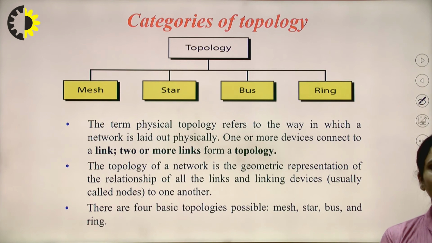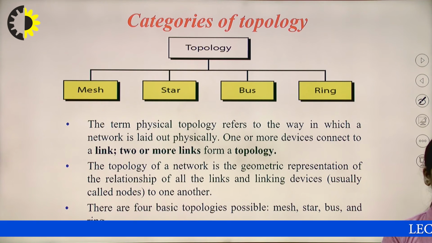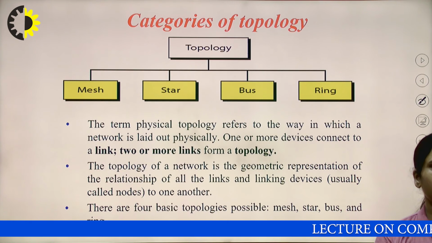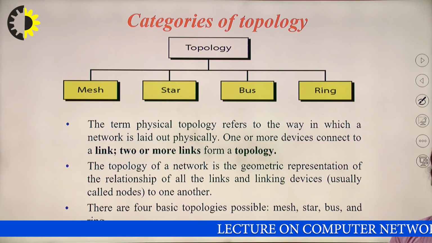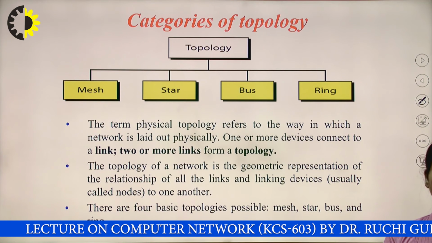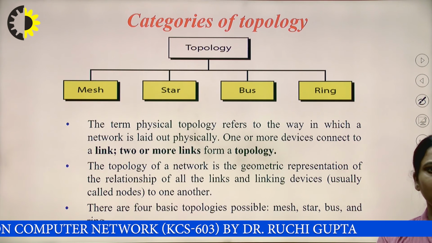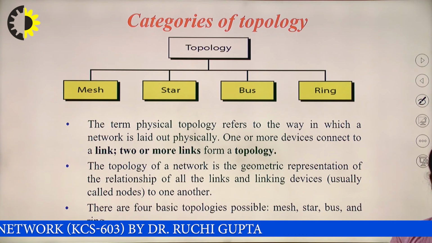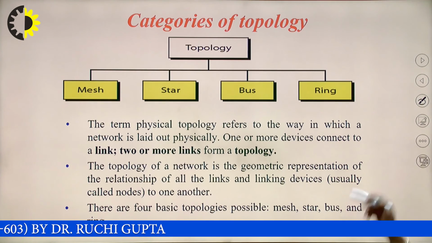One or more devices can connect through a link and it forms a topology. The topology of a network is a geometrical representation of the links and the linking devices, which are called nodes. Generally we use four types of topology: mesh, star, bus and ring.